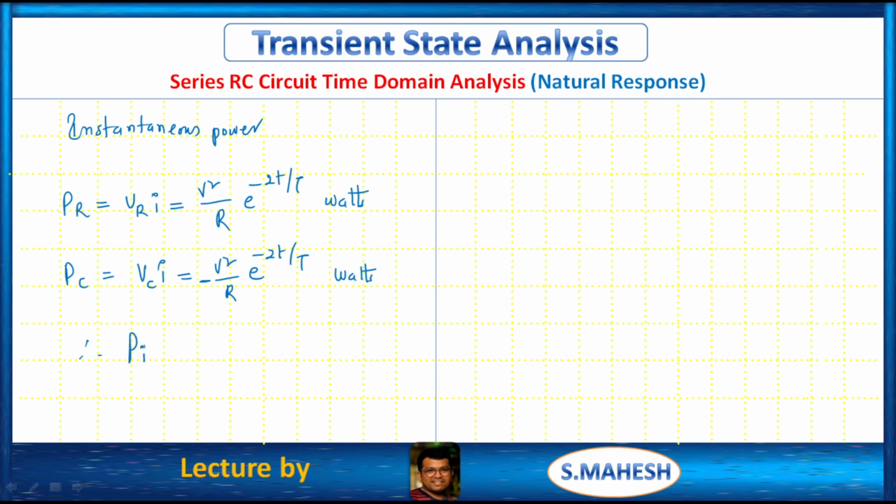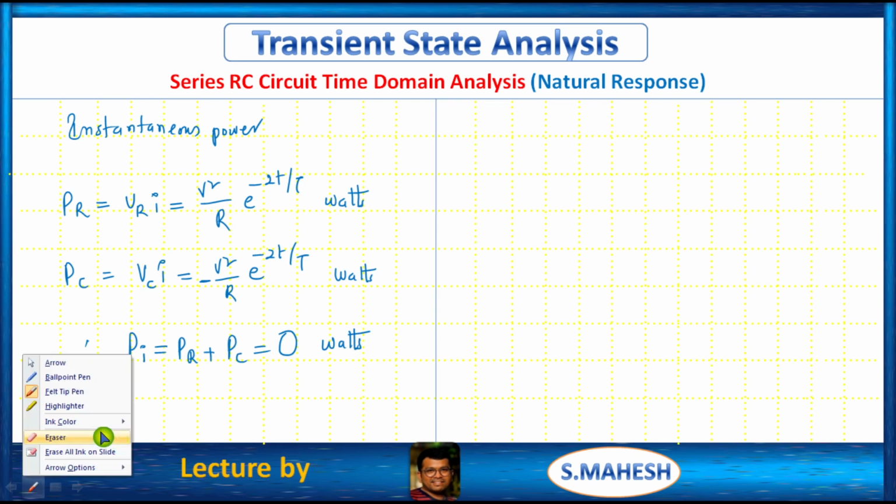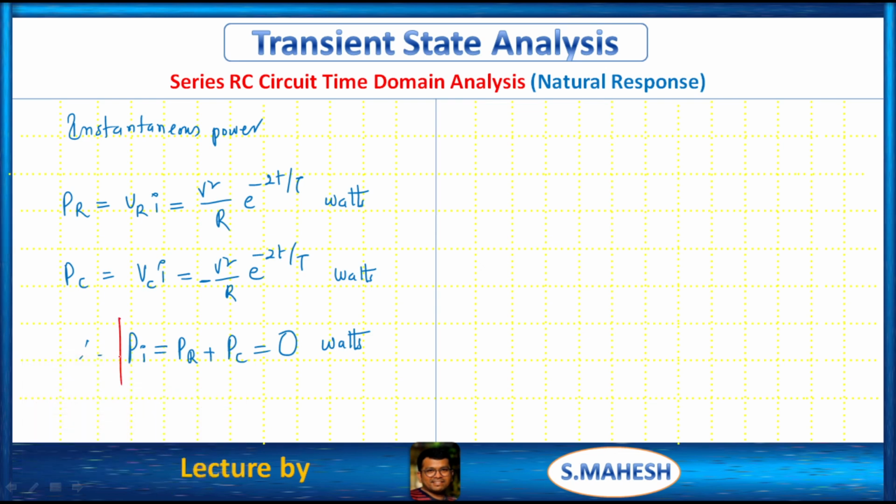Therefore, total power is nothing but what? PR plus PC, which is equal to 0. That's all for power. Okay. Completed.